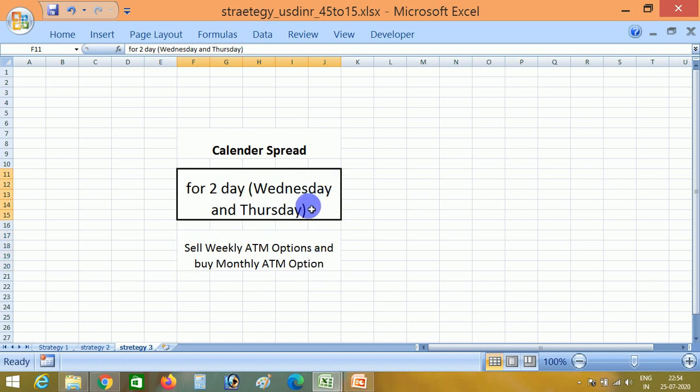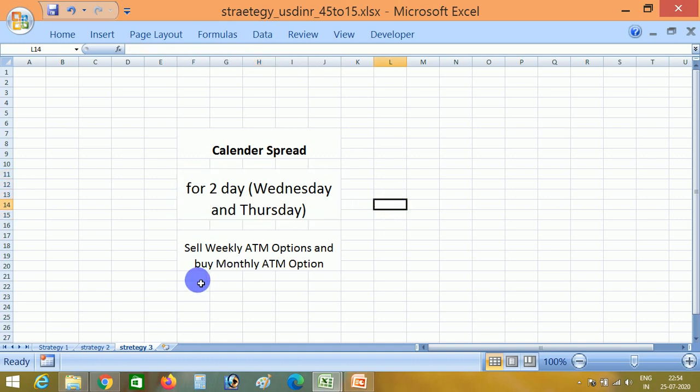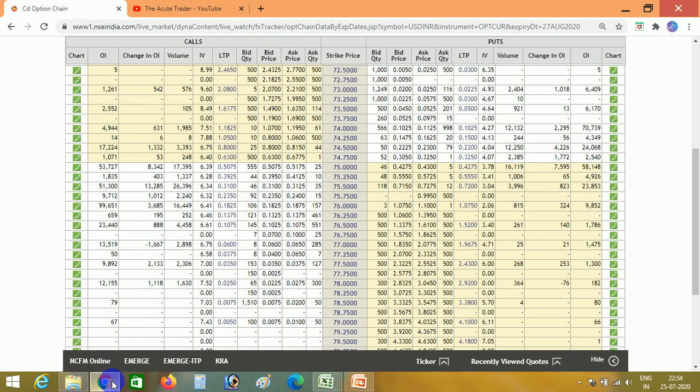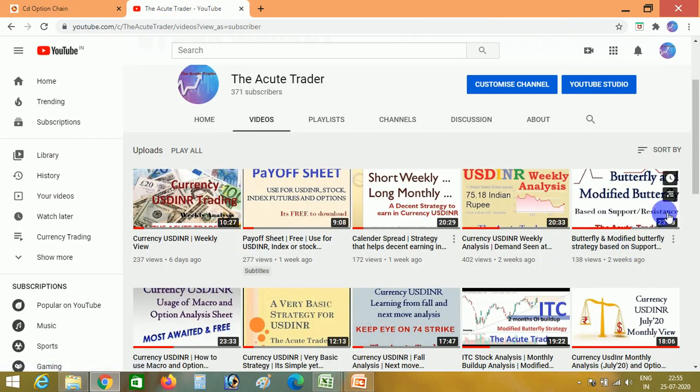In the span of 2 days, we collect 5 to 8 paisa, sometimes 10 paisa, sometimes 15 paisa. It depends on the movement of the USD INR. This calendar strategy we have discussed here by making a butterfly and modifying.